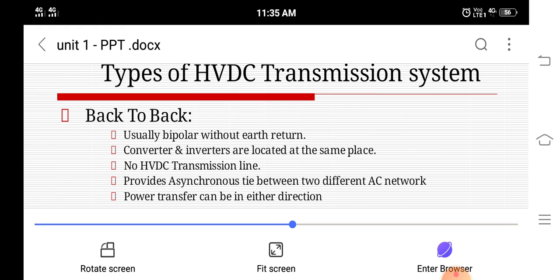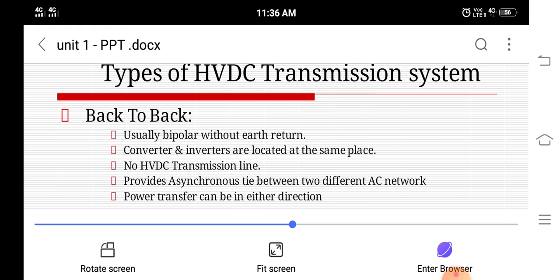Then the back-to-back HVDC transmission. This back-to-back link is usually bipolar without earth return. In this connection, the converter and inverter are always located at the same place.